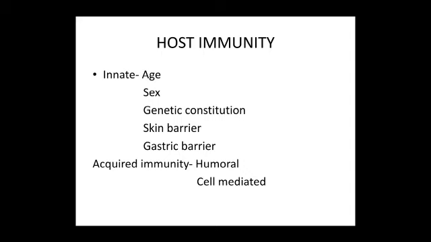To give examples of infections which are common in males, you have amoebiasis, which is much more common in males compared to females. Females are more vulnerable to hookworm infections because they develop anemia due to hookworm infections.